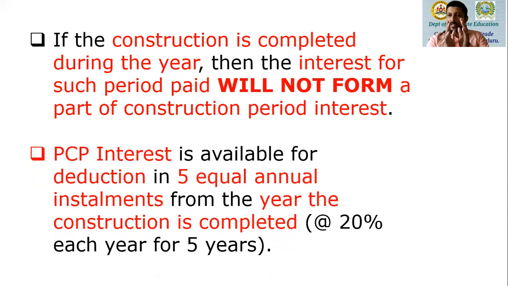Now, whatever interest has been paid in the previous years 17-18 and 18-19, because the construction was not completed, the total interest will be available for deduction in five equal installments. That is from the year the construction is completed. That is, in the year 19-20, the entire interest paid for 19-20 is available for deduction because the construction is completed.